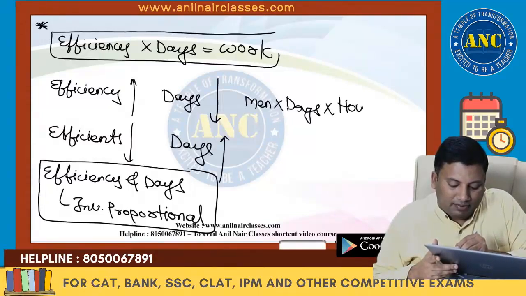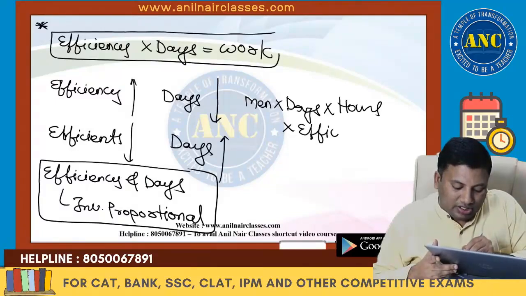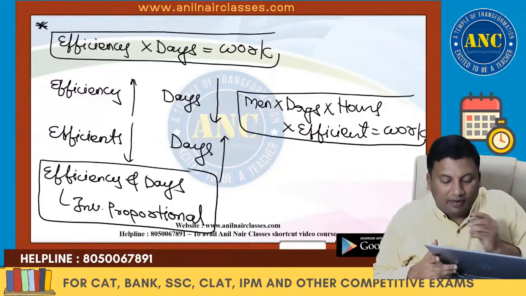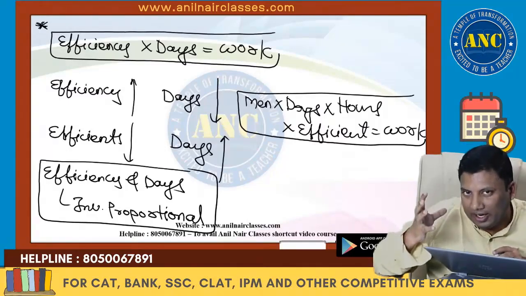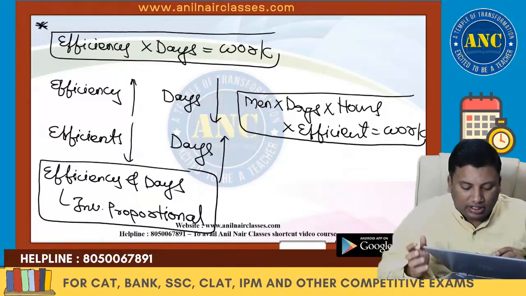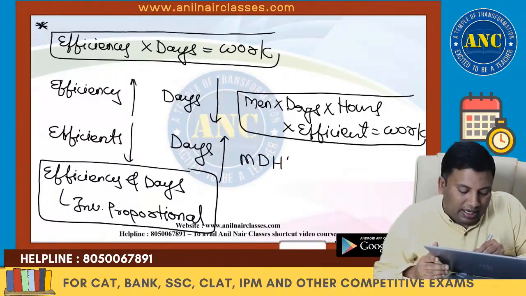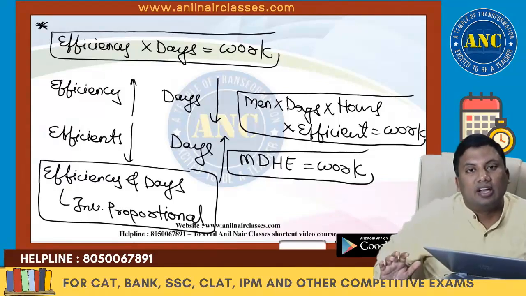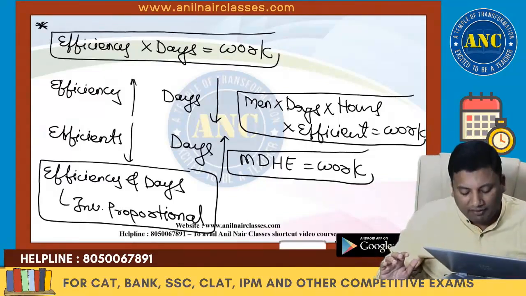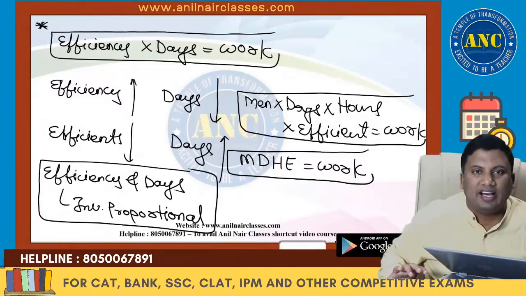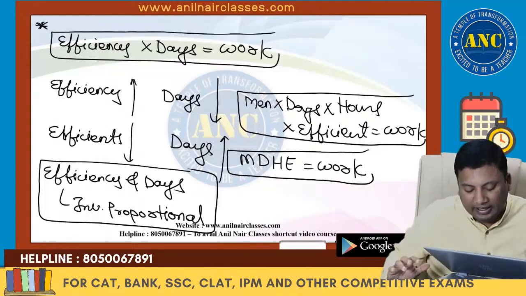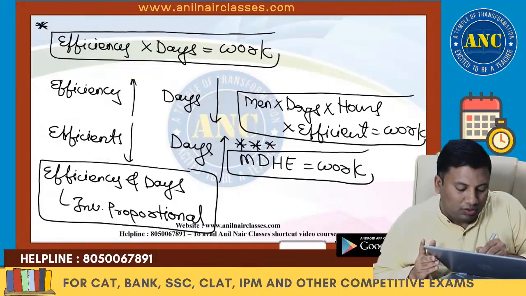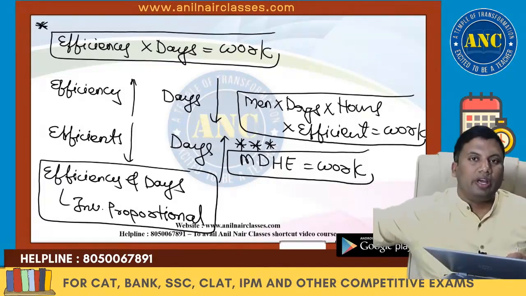Every day they work for some hours, and they give me an output of some units that results in total work. Men into days into hours into efficiency gives work. For example, 8 people work for 20 hours, giving 30 units. That gives the total work. So in simple language, MDHE is equivalent to work. M is the total people working, D is the total number of days, H is the total hours per day they work, and E is their competency level on the job.